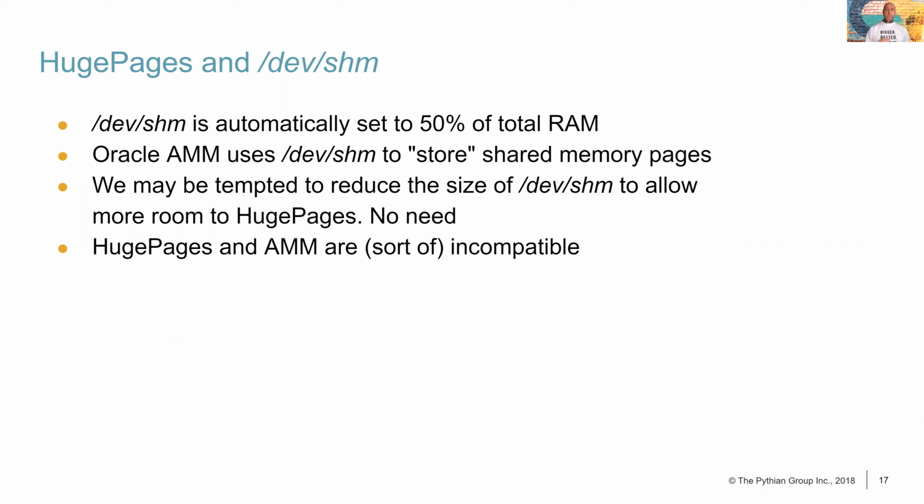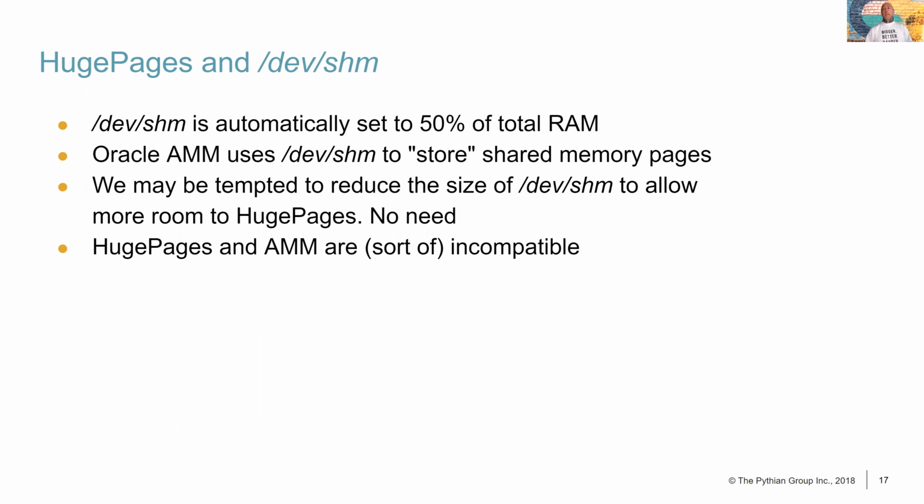And if we don't have AMM, we don't need that kind of RAM, especially in systems with, as I said, huge amounts of RAM, about 16 gigs, 32 gigs, whatever they are. So we may see this as a waste of RAM. Oh, I have this huge temporary memory file system which I don't use at all, so I'm going to reduce it.